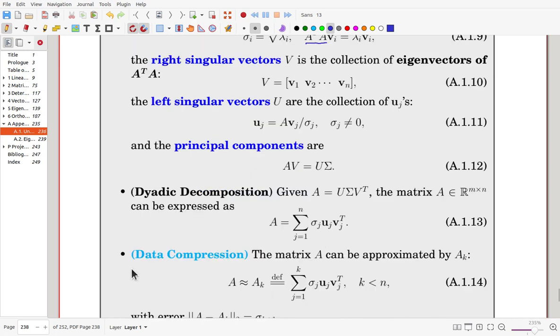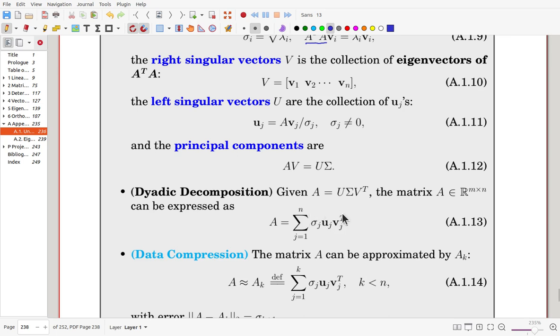And also we can make some good approximation through data compression. Okay. Now the singular value decomposition can be expressed as in this summation. In this case, it's called dyadic decomposition. So the summation is from 1 to n.